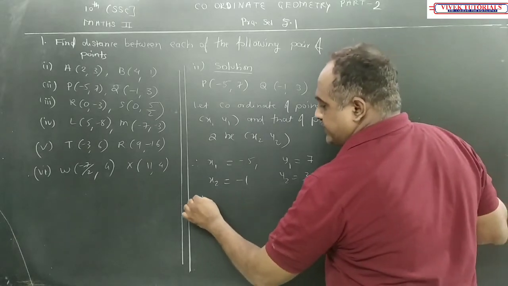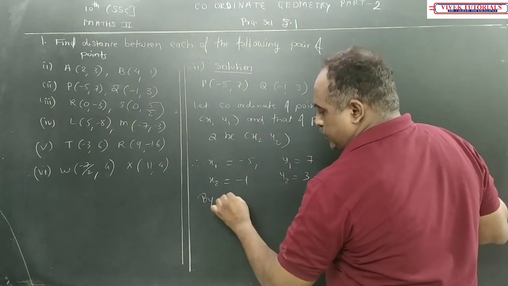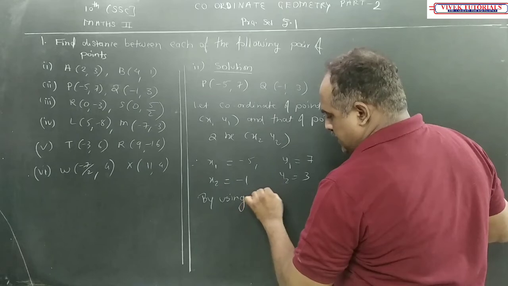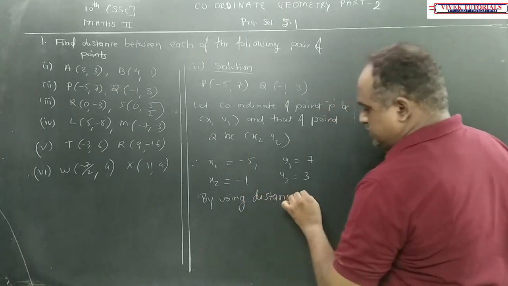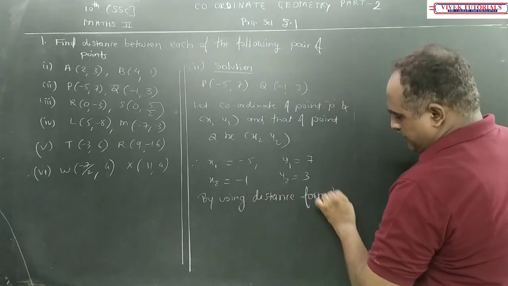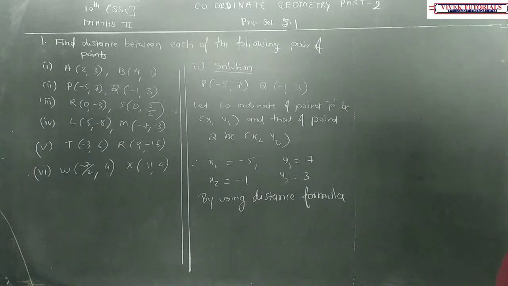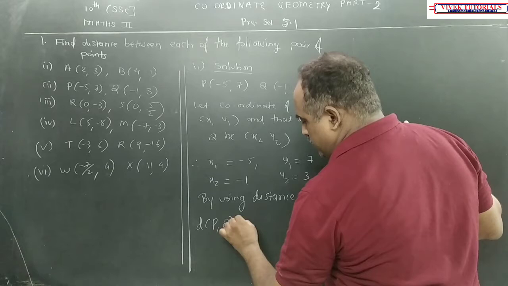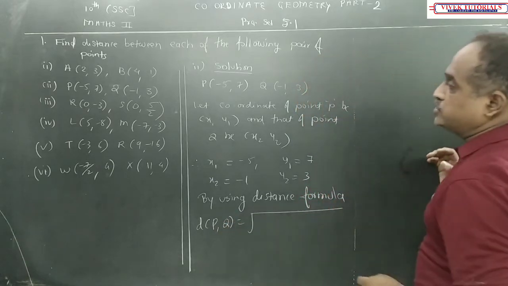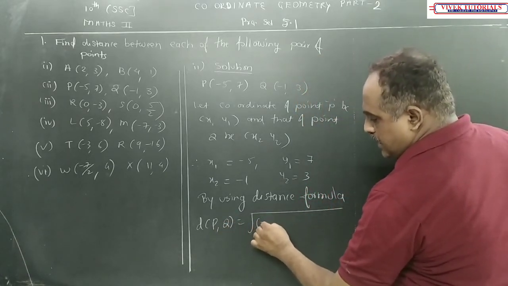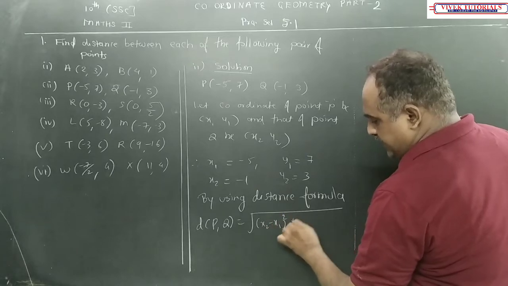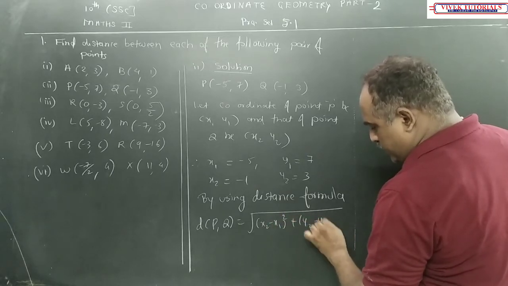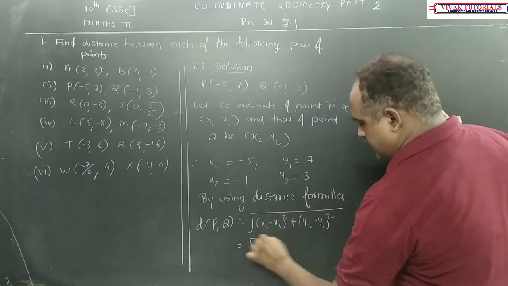What you are going to write is, by using distance formula, distance PQ is equal to square root of x2 minus x1 the whole square, y2 minus y1 the whole square.